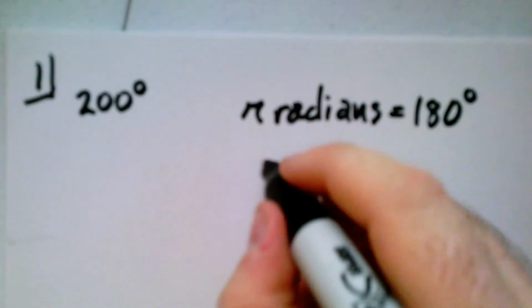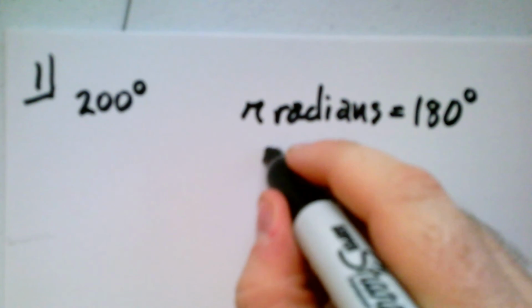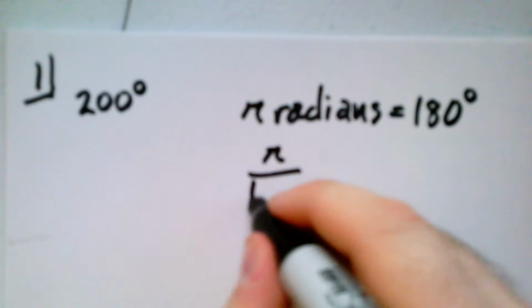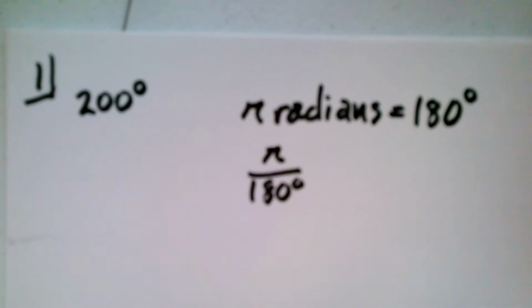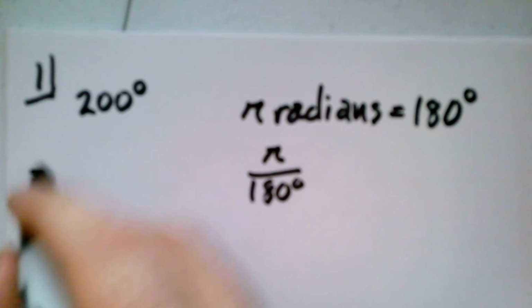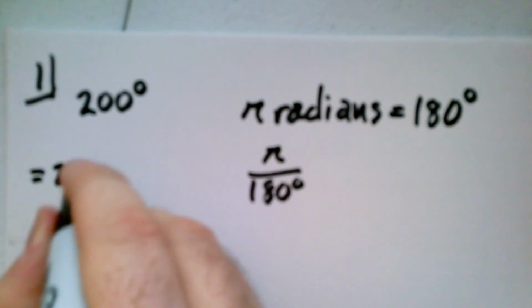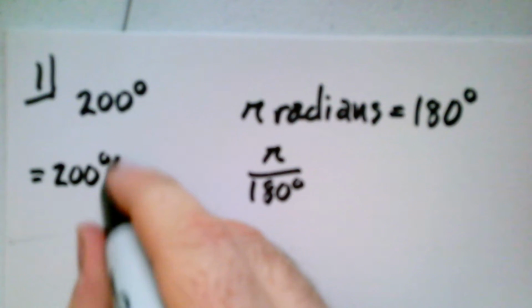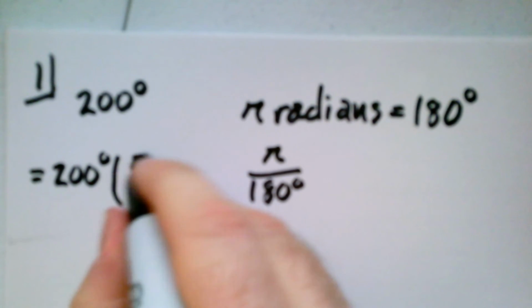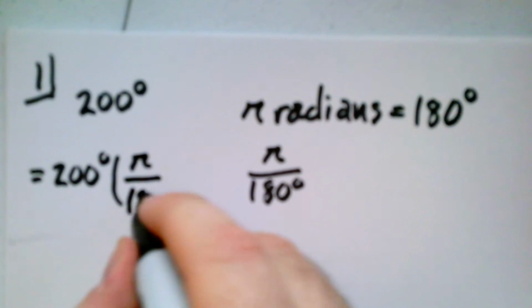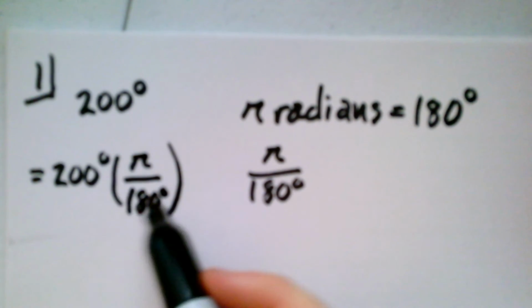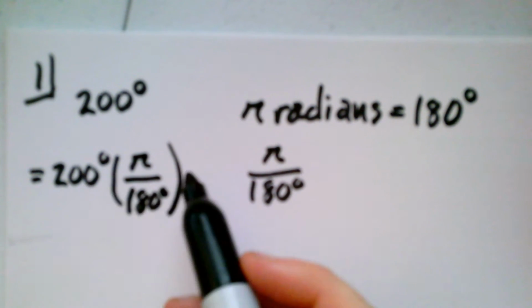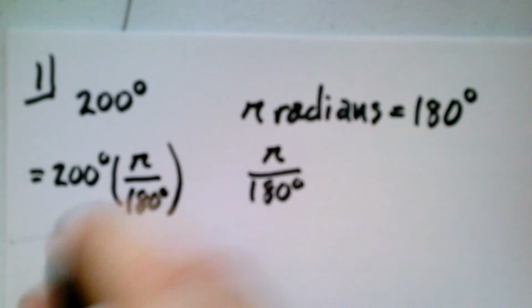So as long as we're multiplying by that factor, pi over 180, we do not change our value. So 200 degrees is equal to 200 degrees times pi over 180. And we notice the degrees and the degrees will cancel, leaving only radians.